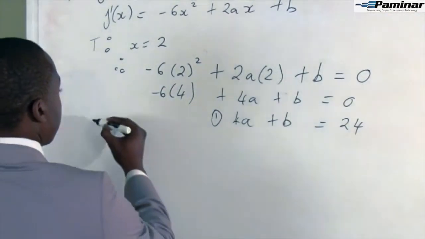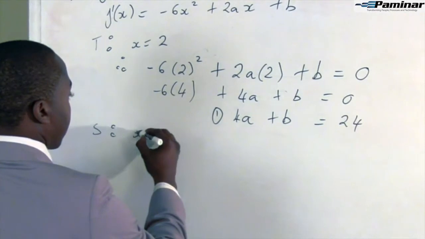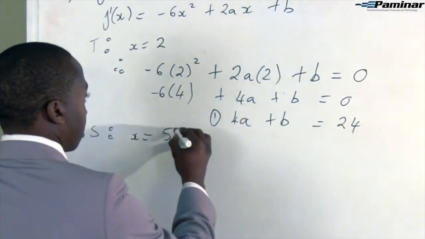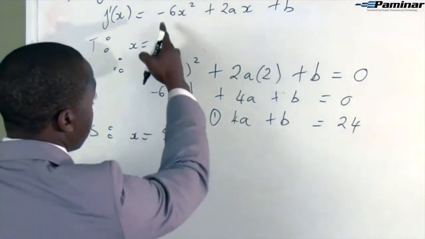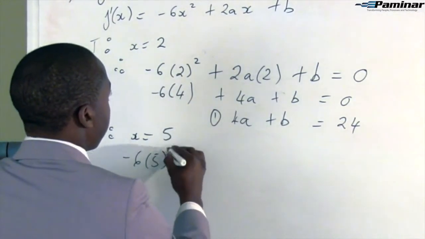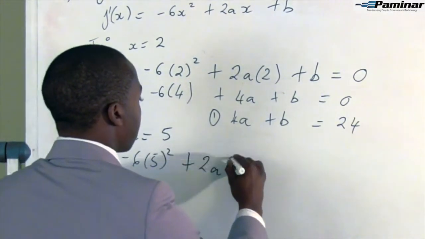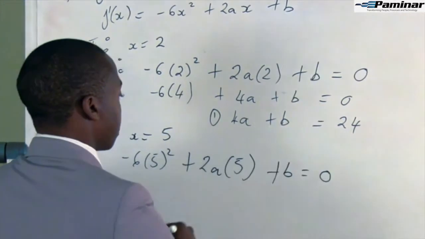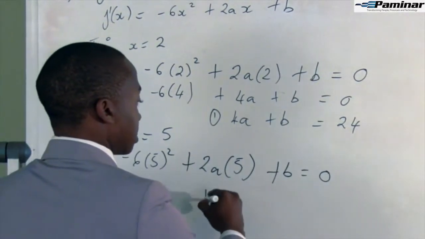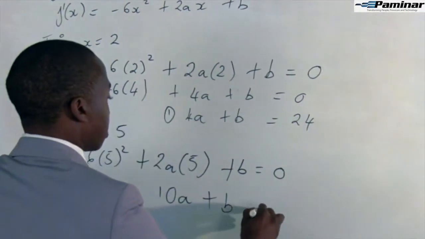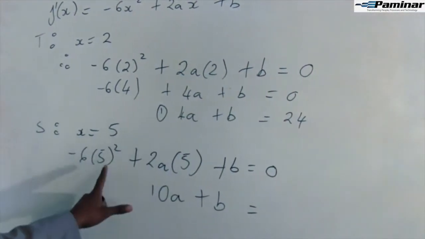We're going to now formulate a second equation using the same method, but for point s. So at point s, we know that x is equal to 5. Therefore, into the same equation, it's going to be minus 6 times 5 squared plus 2a times 5 plus b should equal 0. This becomes 10a plus b is equal to, then this will take over.